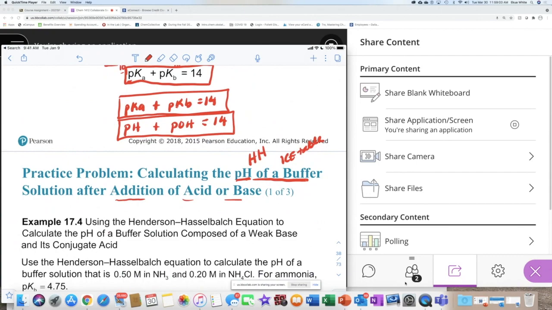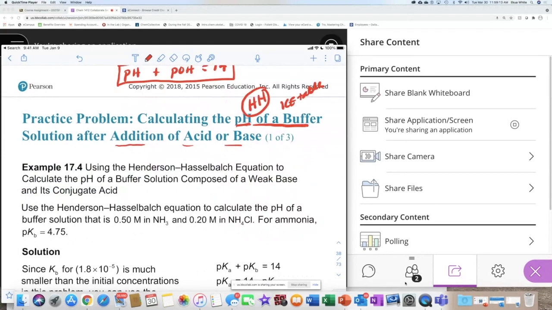Oh, that means if you're using the Henderson-Hasselbalch equation, you have to use the modified one. Okay? Oh, they say it here in the dialogue. Okay, well, I guess we don't really have much of a choice, do we? Right? They say here, calculate the pH of a buffer solution composed of a weak base and its conjugate acid. Ooh, if the weak base is the part that's weak, that means we're dealing with a basic buffer.